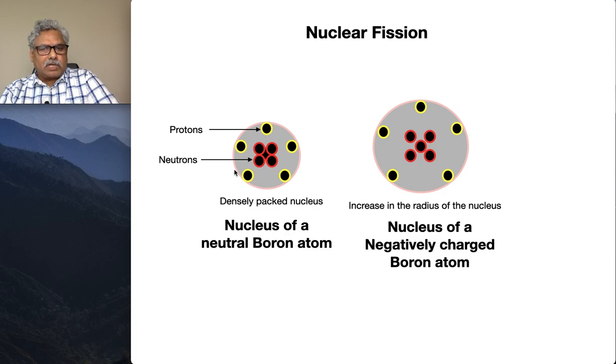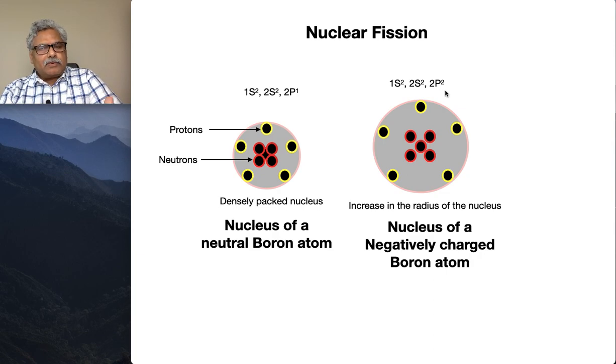This is a neutral boron atom. It has 5 electrons in the shells: two in 1s, two in 2s, and one in 2p. And this is a negatively charged boron atom, where we are adding another electron to the top shell.